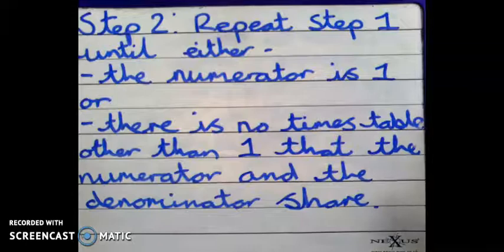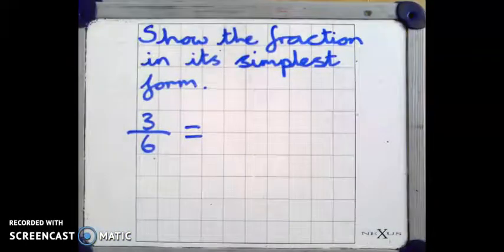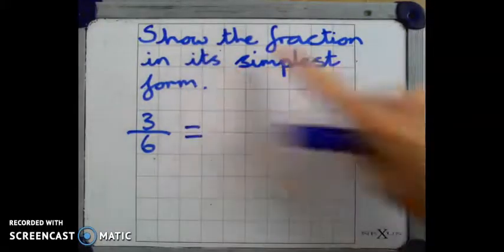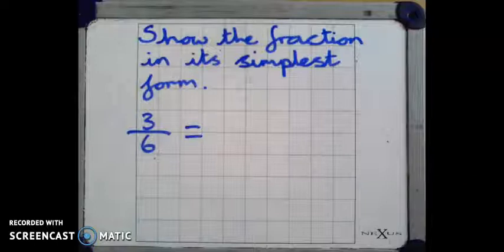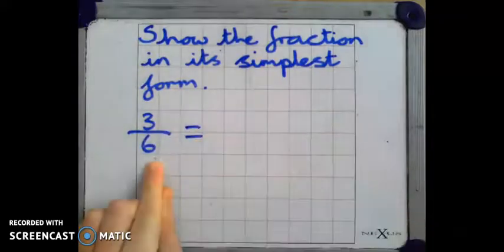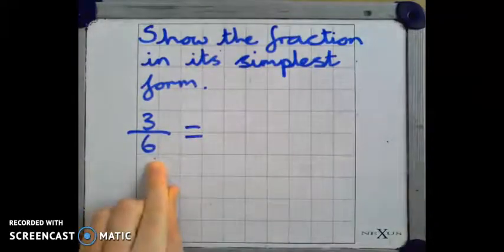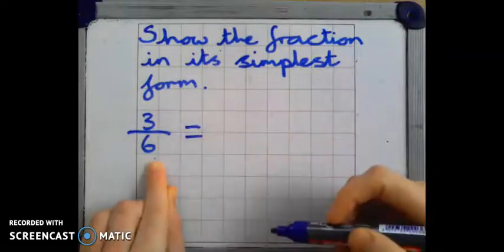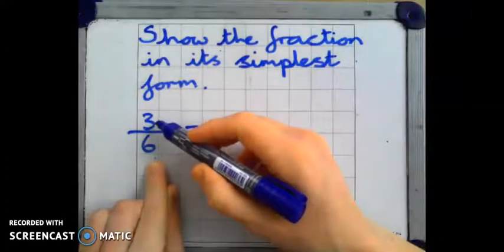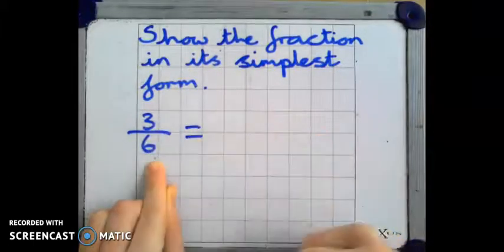Let's have a look at what that looks like with this calculation. We might often see a question that says this: show the fraction in its simplest form. So let's remember step 1. We need to divide the numerator and the denominator by the same whole number, asking ourselves, which times table are both these numbers in? Well, I know my 3's, and I know that 6 is in the 3's.